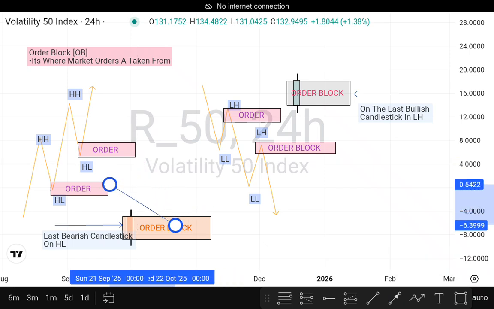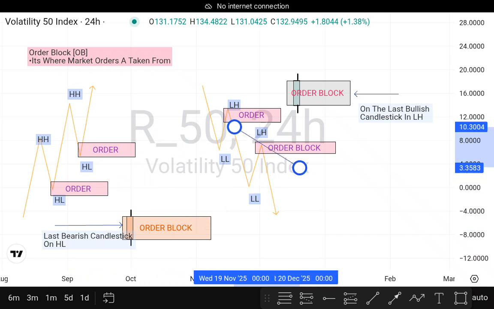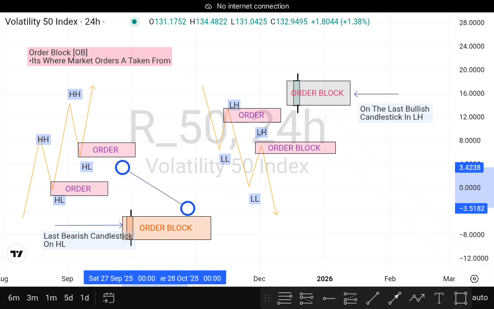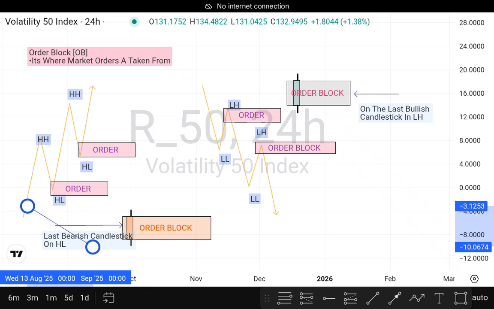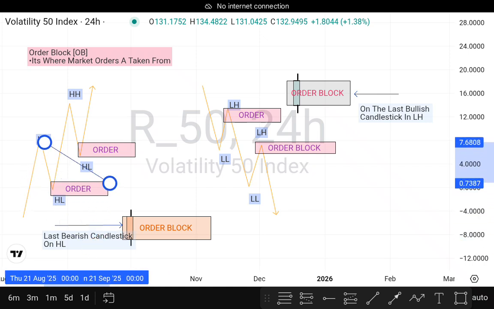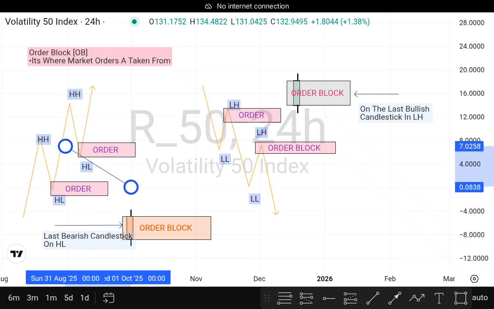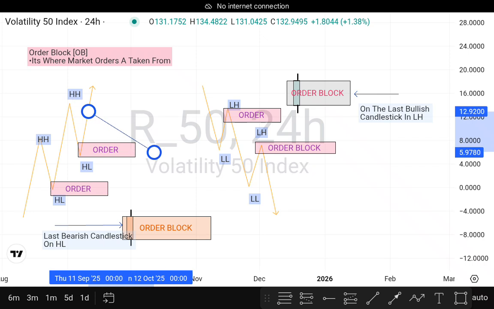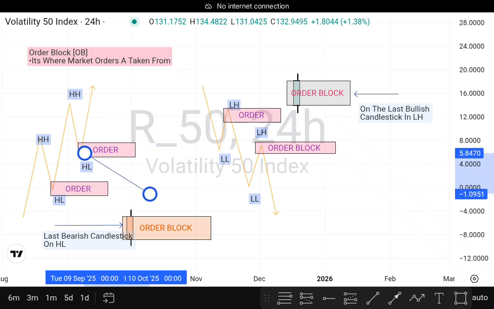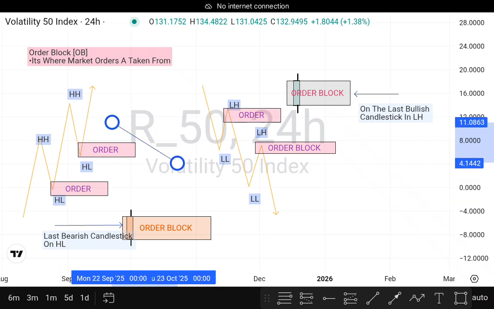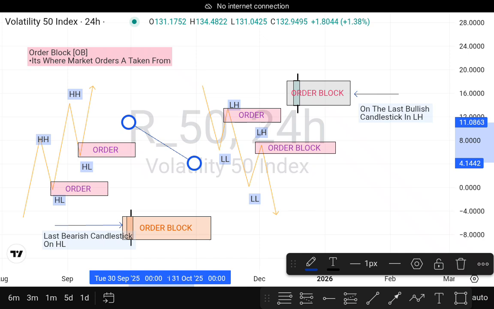the order block must be low, because we buy low and sell high. As you can see, the market pushed high and created this high, and then pushed down and created this low, and the market pushed up again, created this high and pushed down, created this low. Where do you put your order block in an uptrend?